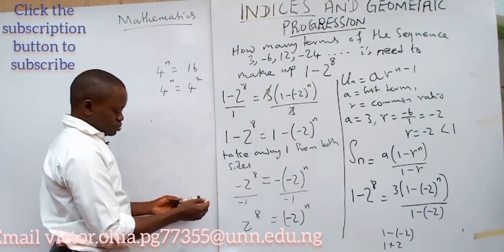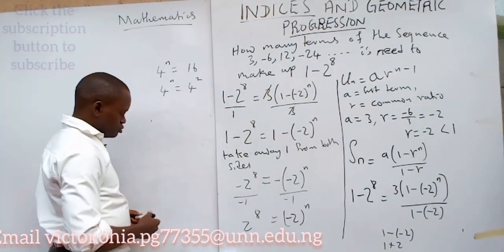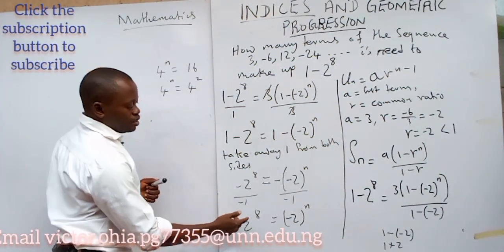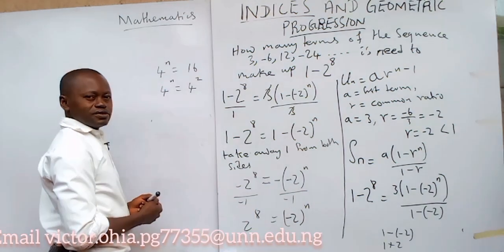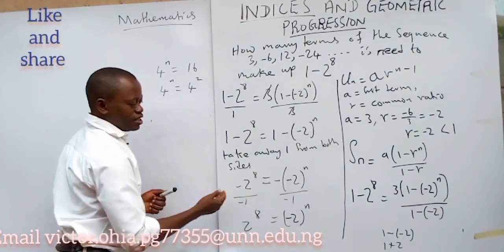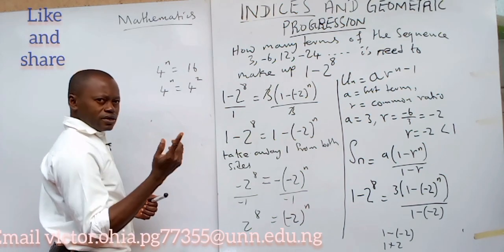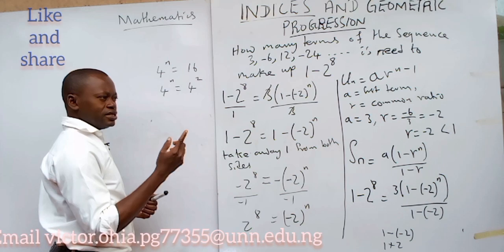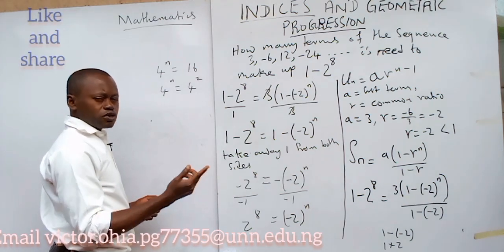You get? So what we are going to have as our conclusion is that we just put n to be 8. If you put n here to be 8, because are you aware that any negative number raised to an even power becomes positive automatically?